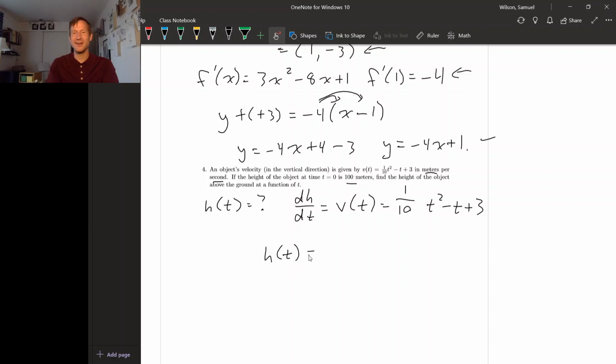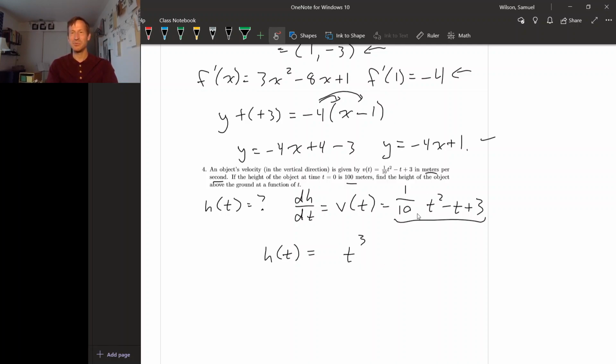It's not random guessing because we have a lot of experience calculating derivatives. So we have a good idea of what to guess for h to make this its derivative. So t squared, if that t squared is from a derivative, that means it had to have come from t cubed.